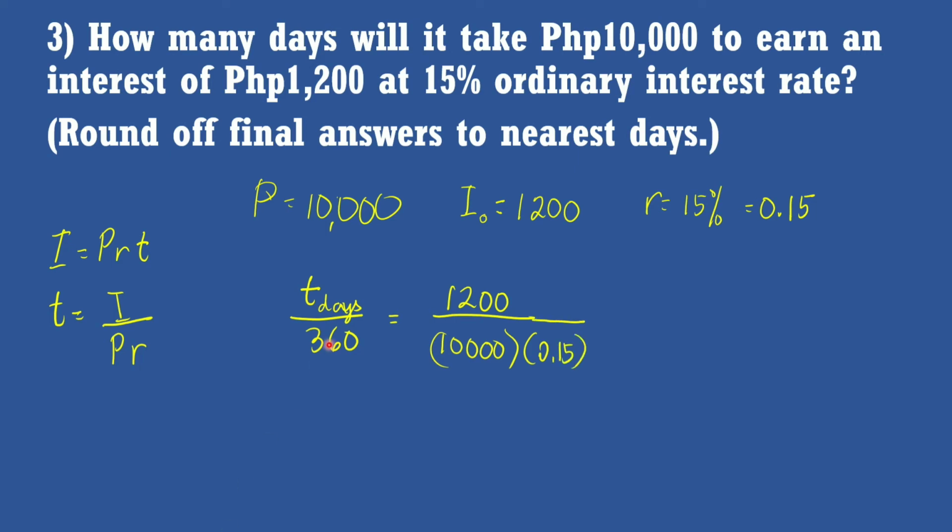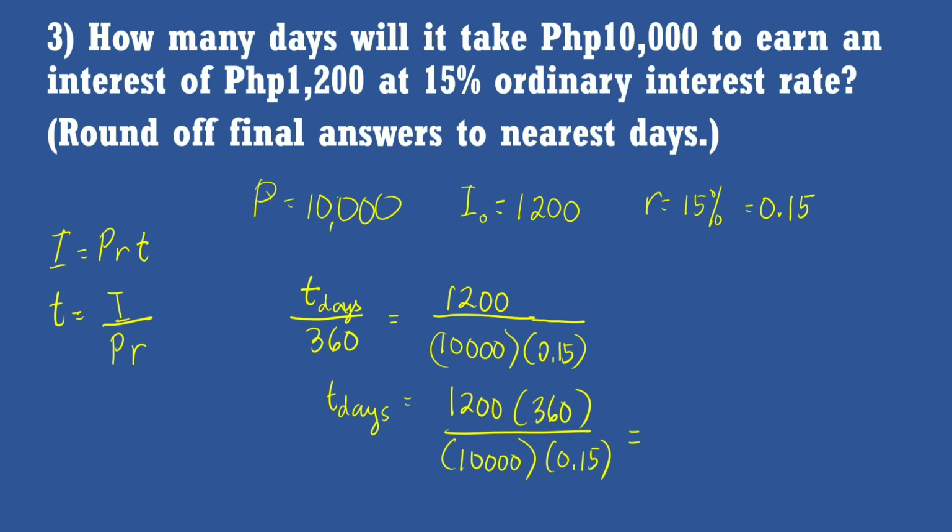Now, what will happen to this 360? Okay, so from our algebra class, this 360 will be multiplied to 1,200. So that would be 1,200 multiplied by 360 over 10,000 pesos and 0.15.